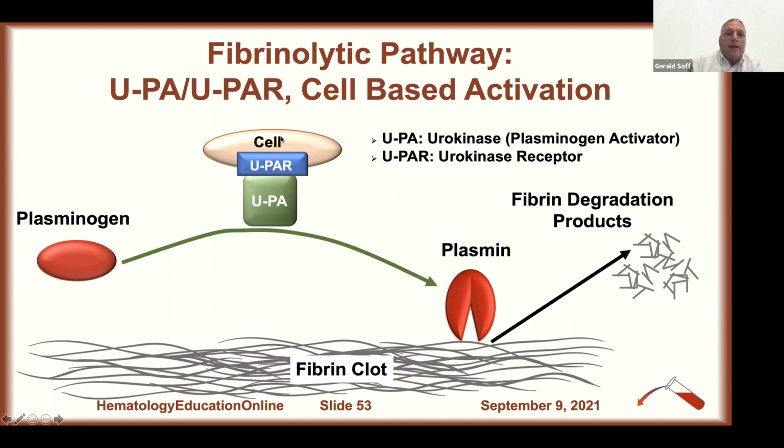So this is an alternative mechanism of forming plasmin, separate from a fibrin clot. So here, plasminogen does not have to be anchored to fibrin, but it can still become activated, forming plasmin, and the plasmin then has the ability to bind to a fibrin clot and lyse it. So there's two alternative pathways for fibrinolysis to be generated.